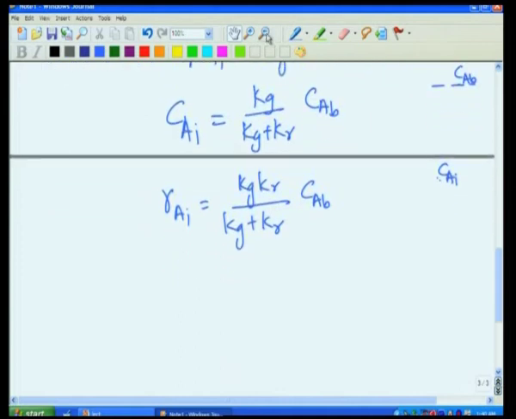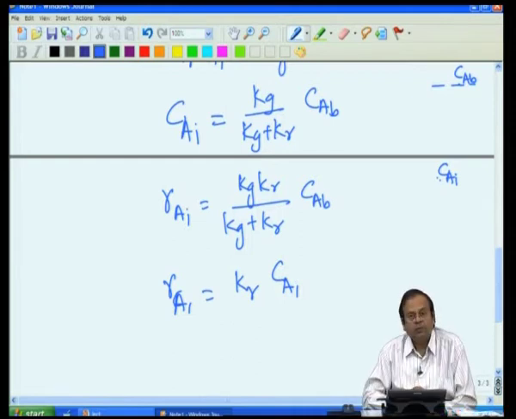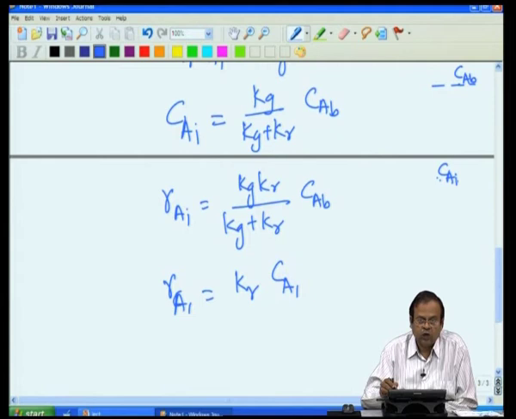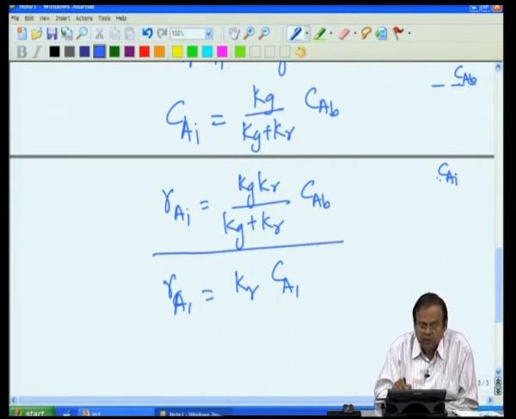My rate is also equal to Kr into CAI. That is my interface, but I am not interested because I do not know what the interface concentration is. So, I am interested in finding out what is the relationship between the rate of reaction and the bulk concentration, and this is that relationship.